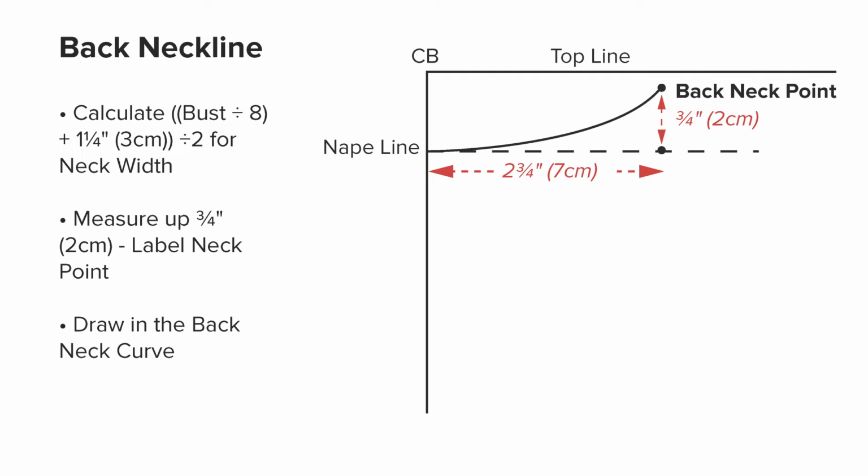Another method for finding the back neck width is to divide the neck size by 5. Measure along the nape line and square up 3/4 of an inch, 2 centimeters. Label it the back neck point. Draw in a shallow back neckline curve, flattening out at centre back.